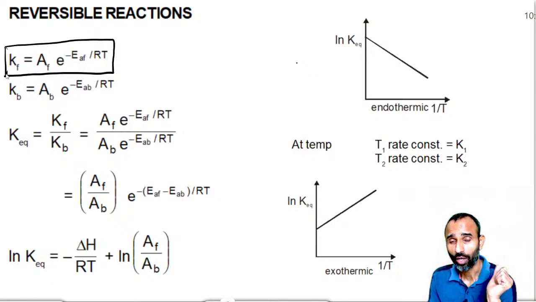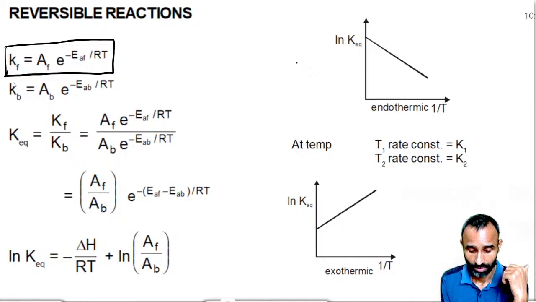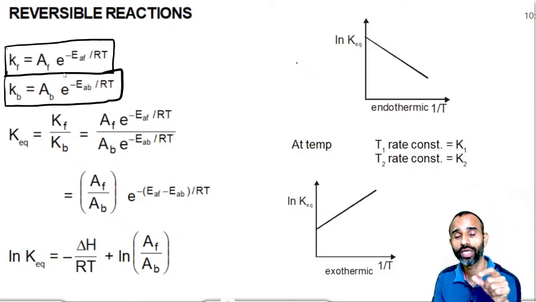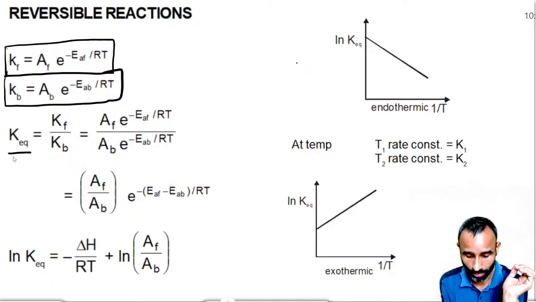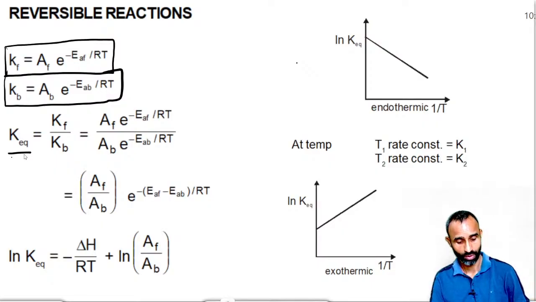For the backward reaction, it is Ab e raised to power minus Eab by RT. So equilibrium constant is always equal to forward rate constant divided by backward rate constant.